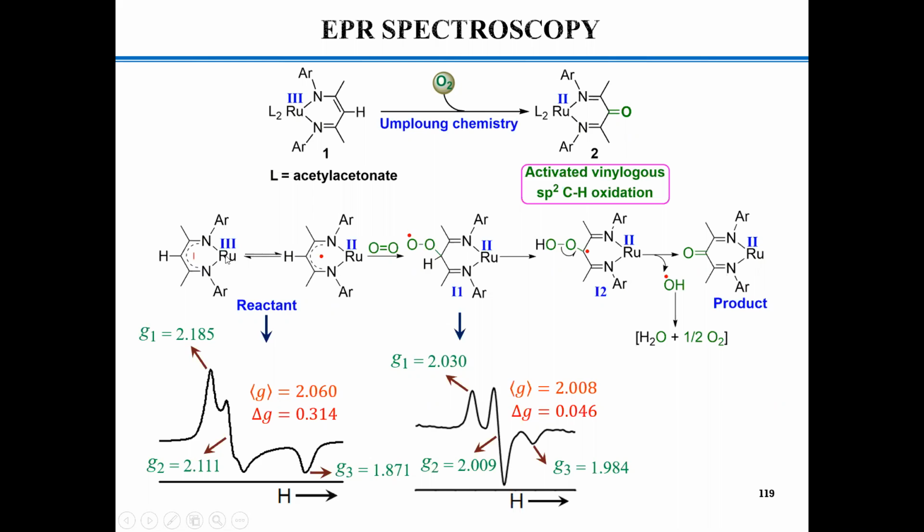So the starting compound is found in solid state, but in solution it tautomerizes, develops a radical over here, and that radical reacts with the triplet oxygen and gives us the superoxo radical intermediate. That intermediate could be tested quite well by EPR, and from that EPR G parameter in comparison to the starting EPR G parameter, it can be convincingly conveyed that this mechanism is perfectly correct.